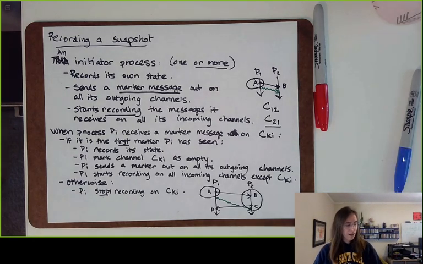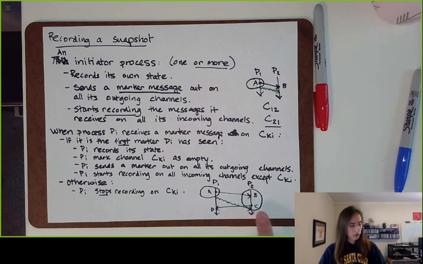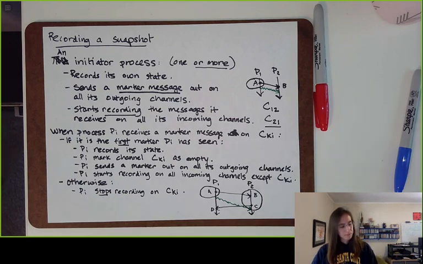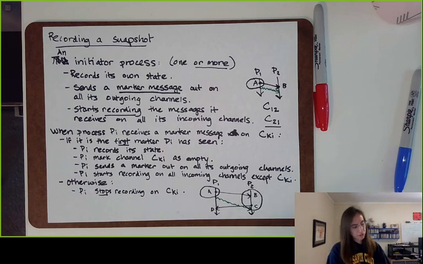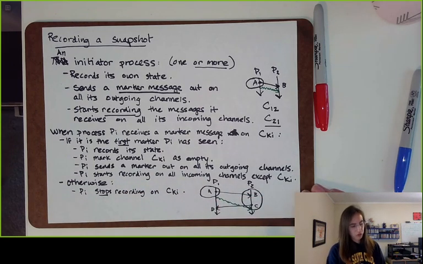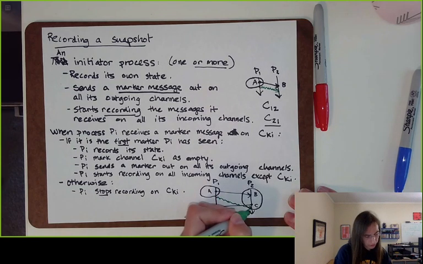That's right. It only had one incoming channel, since in this case we only have two processes. It was this particular channel here, C12. So now that channel has been marked as empty. And now, what does it have to do? It has to send a marker out on all its outgoing channels. It's only got one outgoing channel, and it's the channel back to P1. So it's going to send a marker over here.